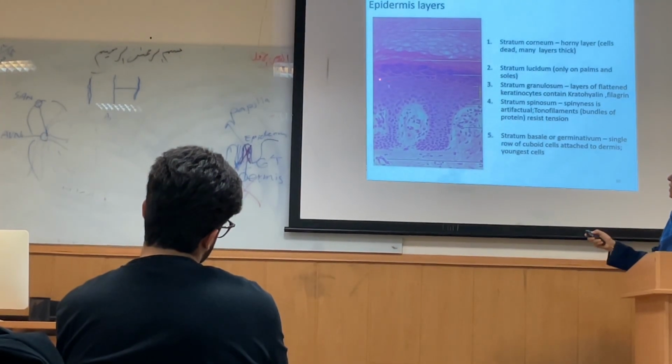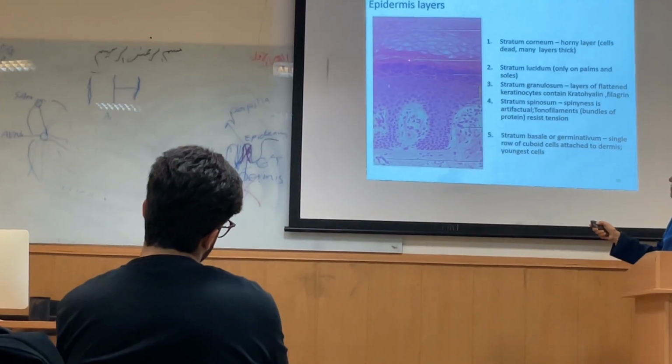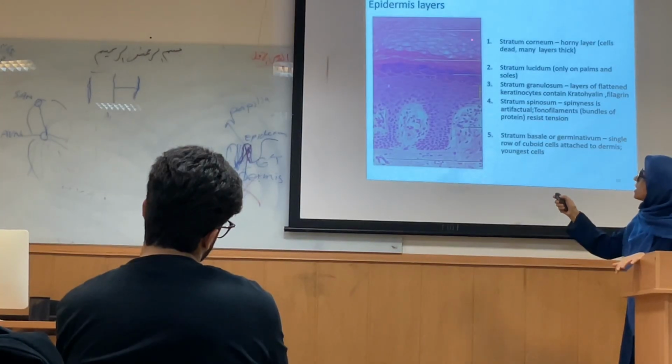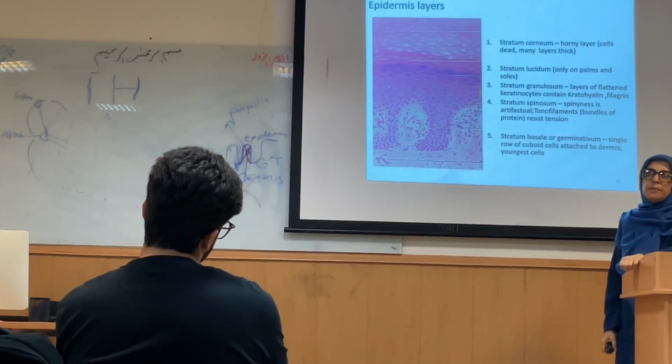The cells are layer by layer. The outermost layer has a squamous shape, and on the external surface of these cells there are lots of keratin filaments.